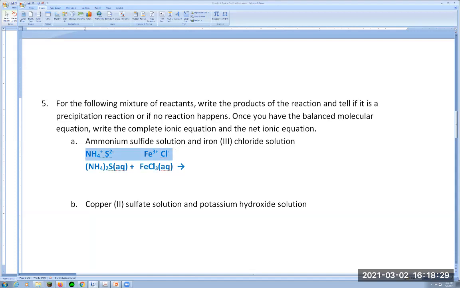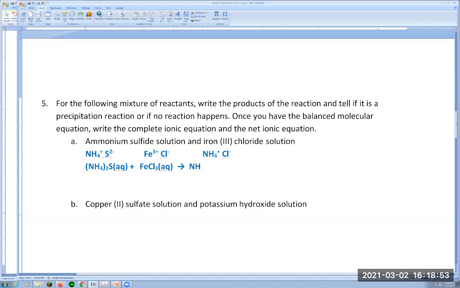The ammonium, being positively charged, will be attracted to the chloride. So let's put the ammonium with the chlorine. It's what we call a double replacement reaction, because the ions are exchanging partners.